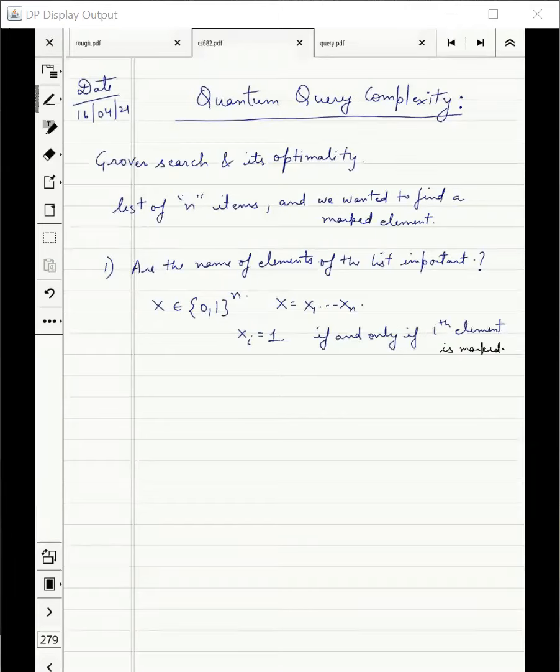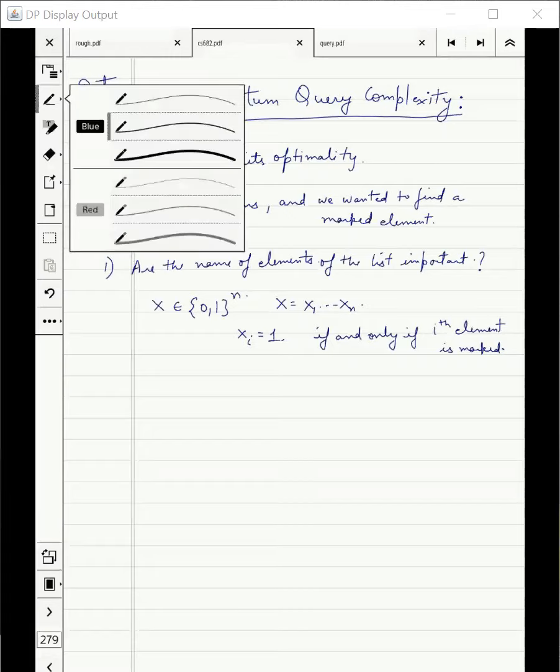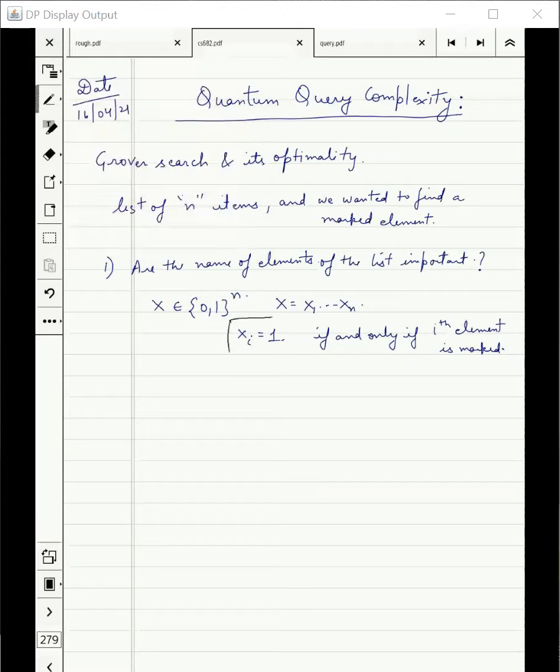Since the names of the elements are not important, I can just get rid of them. For every position I have an index, and the information I need there is whether that element is marked or not, and that can be figured out by this convention.